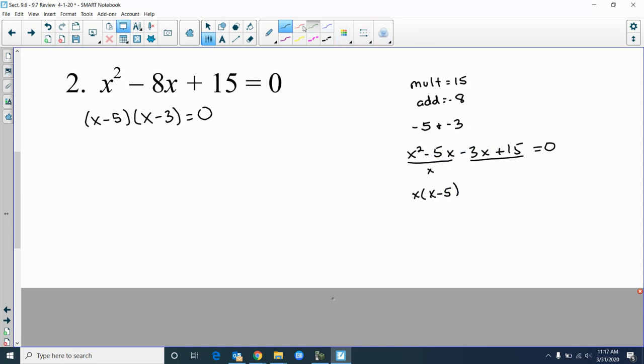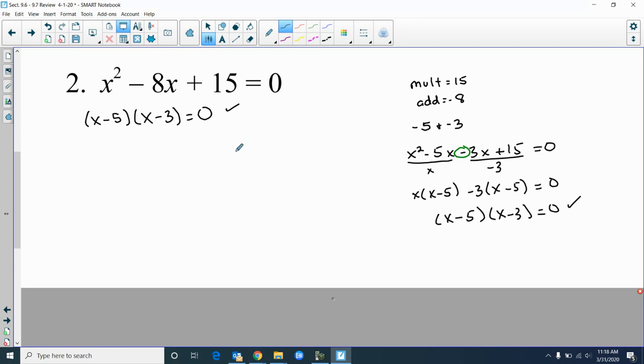If this is a negative, you have to make sure your GCF is a negative. In this case it would be negative 3. Make sure you bring your sign down. Negative 3x divided by negative 3 is x. 15 divided by negative 3 is minus 5. Now you've got the same thing in parentheses: x minus 5 times x minus 3 equals 0. So we got the same thing.